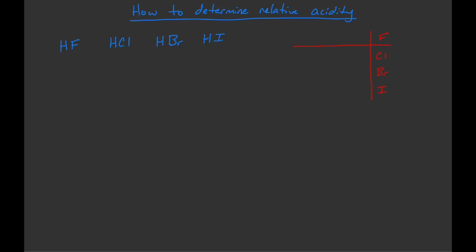Again, I'll just give a general definition: pKa is a measure of ability to deprotonate. So the lower a pKa, the more likely it is to exist in the deprotonated form, the more easily it is deprotonated.